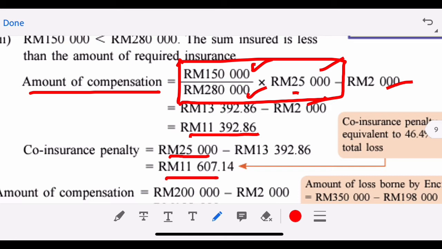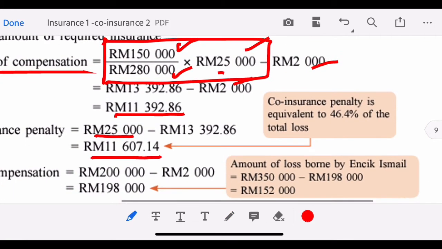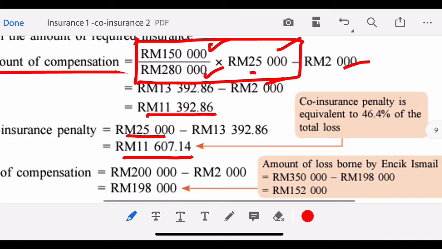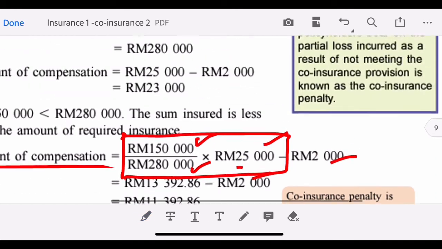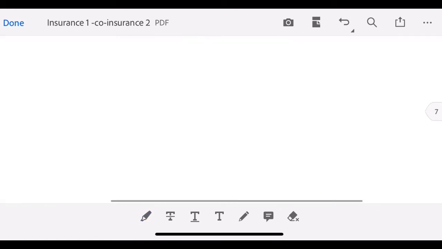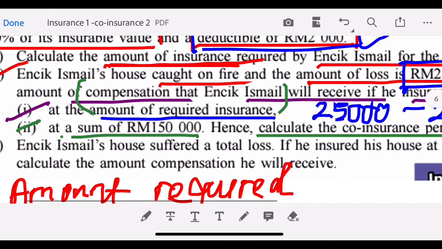The balance is the co-insurance penalty, which is equivalent to 46.4% of the total loss. Okay, let's do it again. Let me show you again.